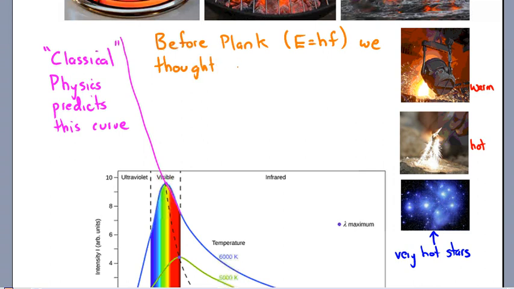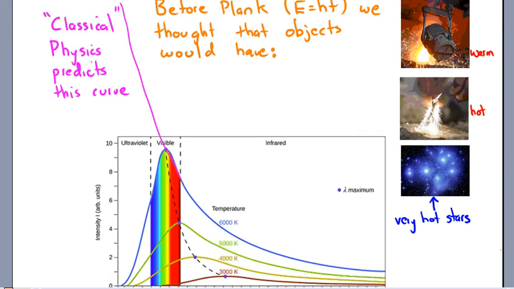that objects would have, now I want to just talk about the amount of color coming off. Okay, looking at that picture, looking at that pink line, really aggressively tall in the kind of purple end of the rainbow, dropping off a bit for blue, dropping off for green, dropping off for red.